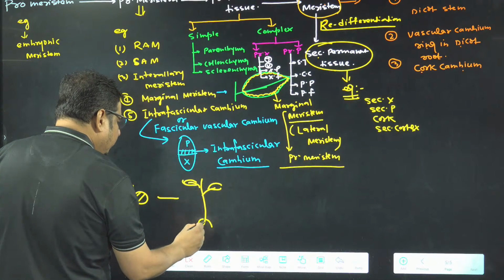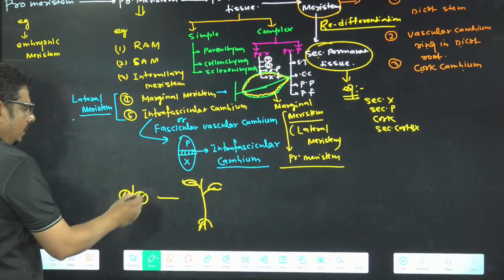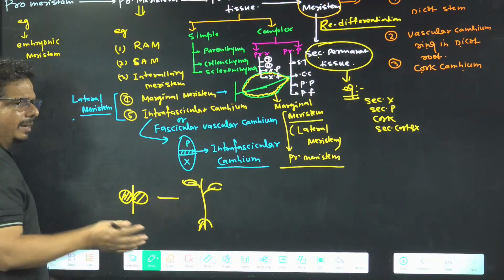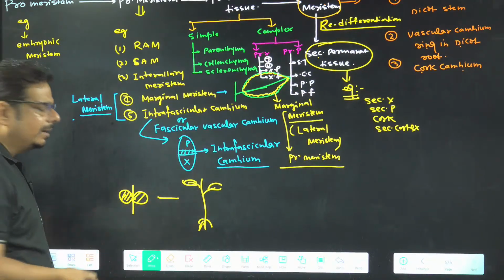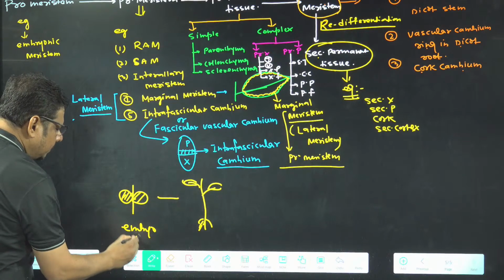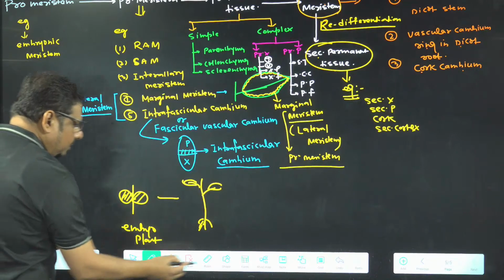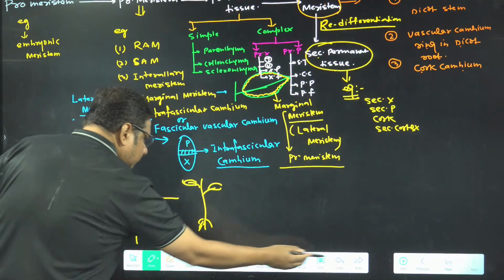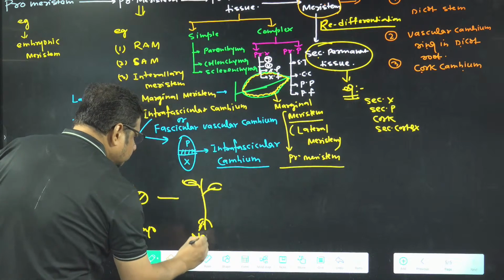They are dividing continuously and forming a plant. This is the embryo and this is the newly formed plant. Every cell was meristematic and they divide.